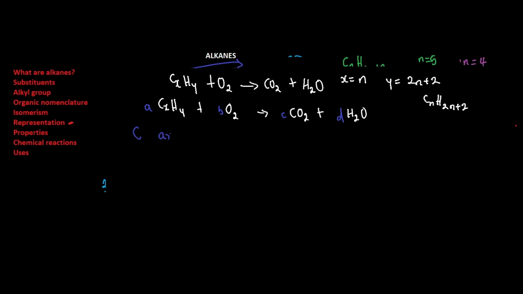Now for carbon, on the left hand side, ax is equal to, on the right hand side, c. For hydrogen, on the left hand side, ay is equal to 2d.